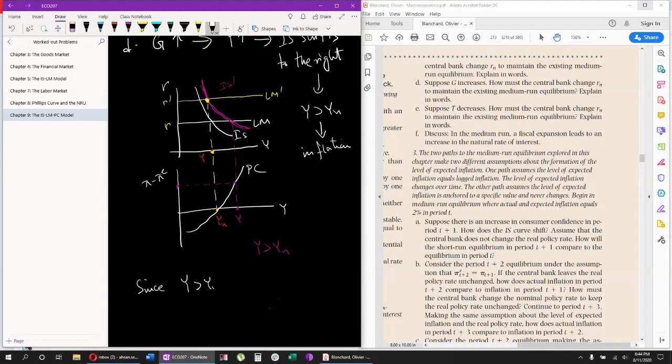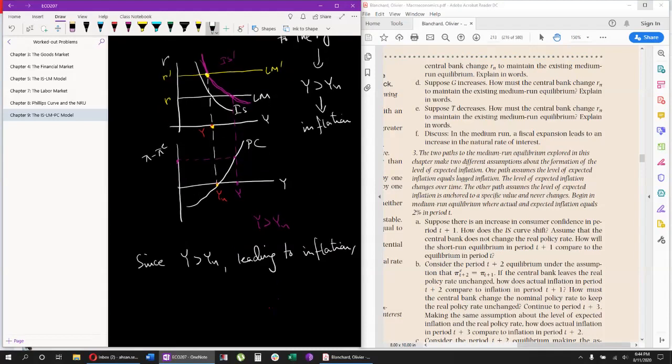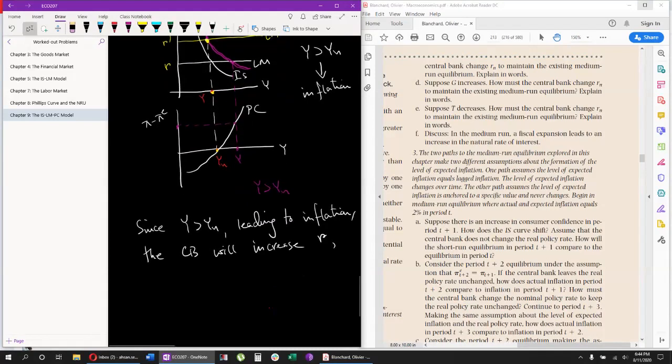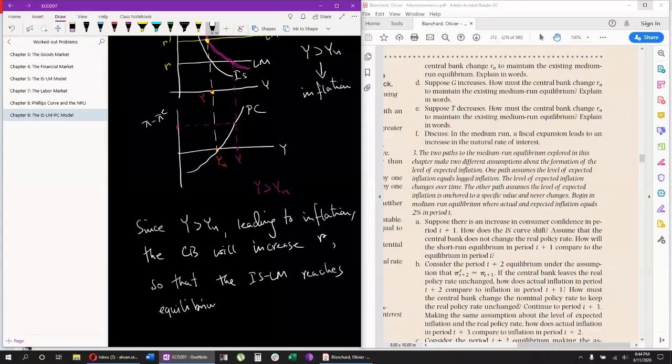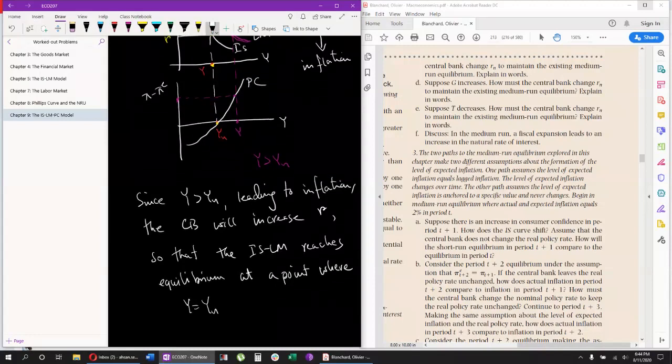So let me just write that down. Since output is greater than the natural rate, leading to inflation, the central bank will increase the interest rate so that the IS-LM reaches equilibrium at a point where output is equal to the natural rate.